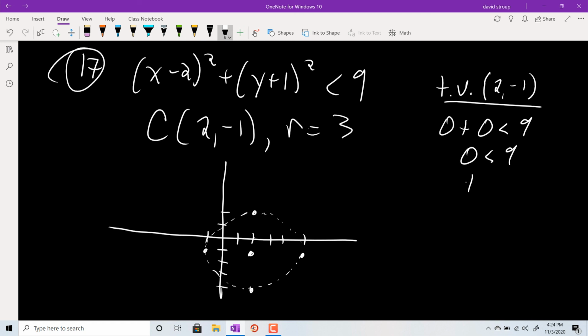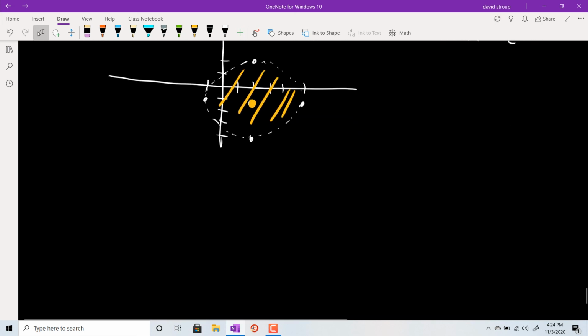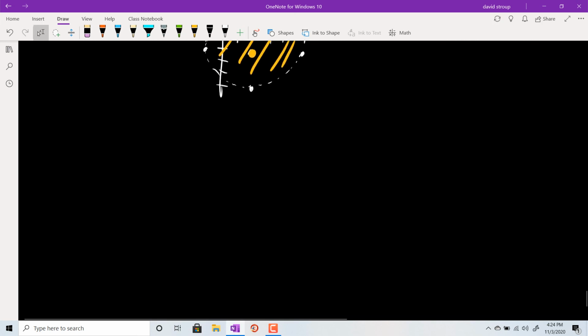That's true, so you shade the side with the test point. The test point was right in the middle this time, so that's what we shade. Otherwise, we would shade outside the circle. So be prepared for those. Then we'll look at linear systems and nonlinear systems. You should be able to do each.